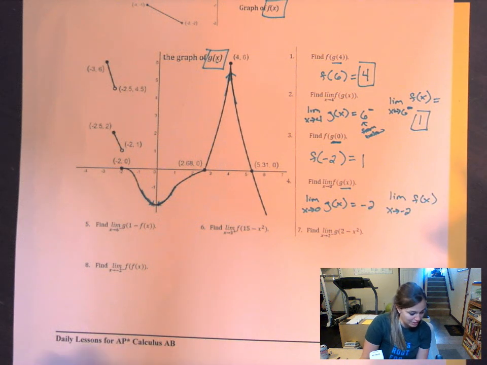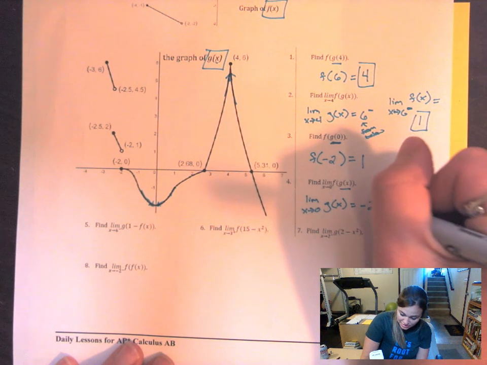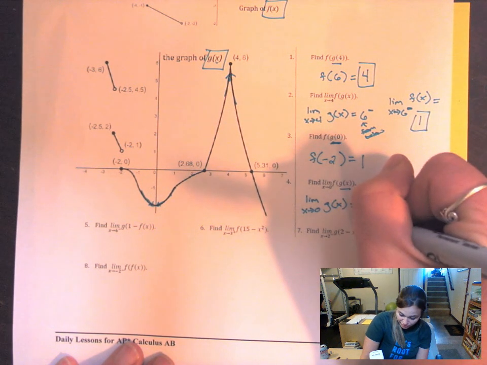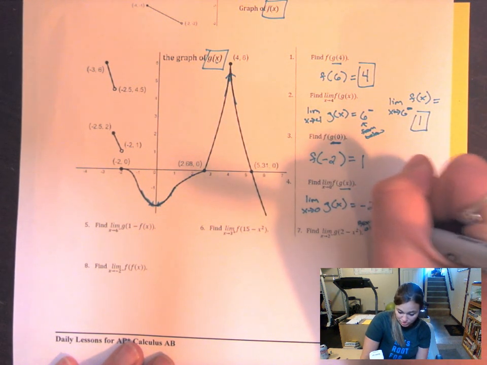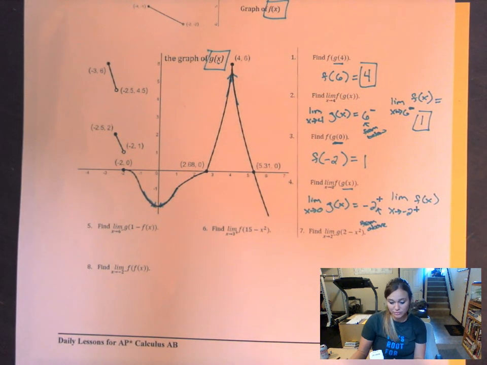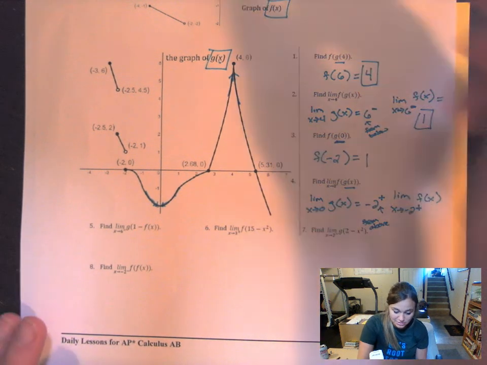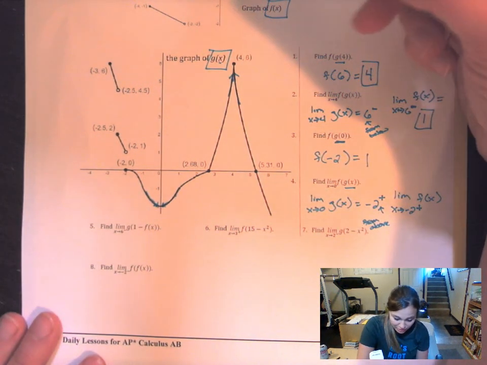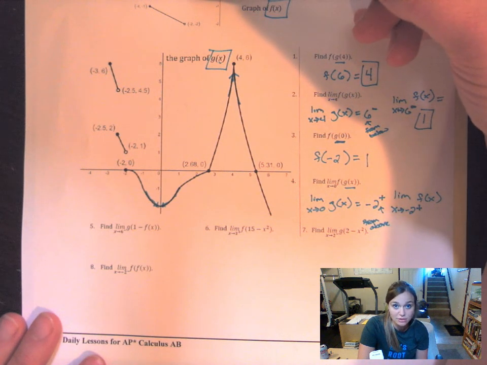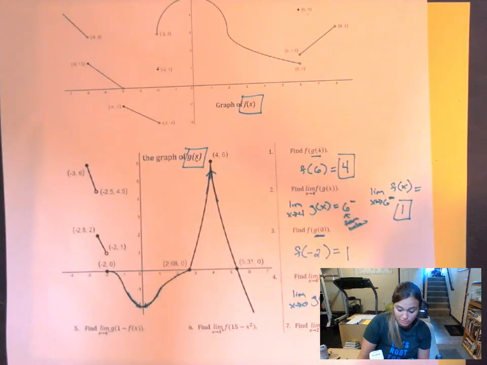I'm just checking myself, yeah, I'm good. Because this is from above, the y values are getting bigger and going smaller. That's what happens when I come from the right for an x value. Now I can go to the limit as x approaches -2 of f of x, and I'm looking from the right. So -2 is right here. I'm going from the right, and I get a value of 3.